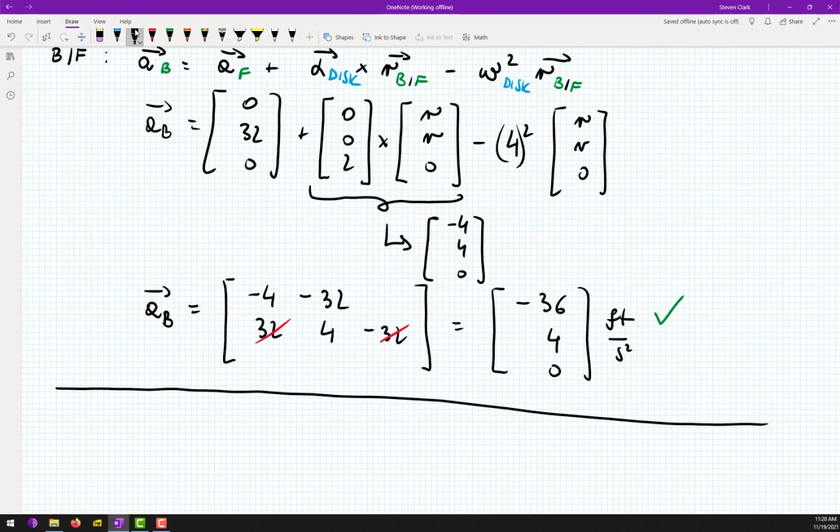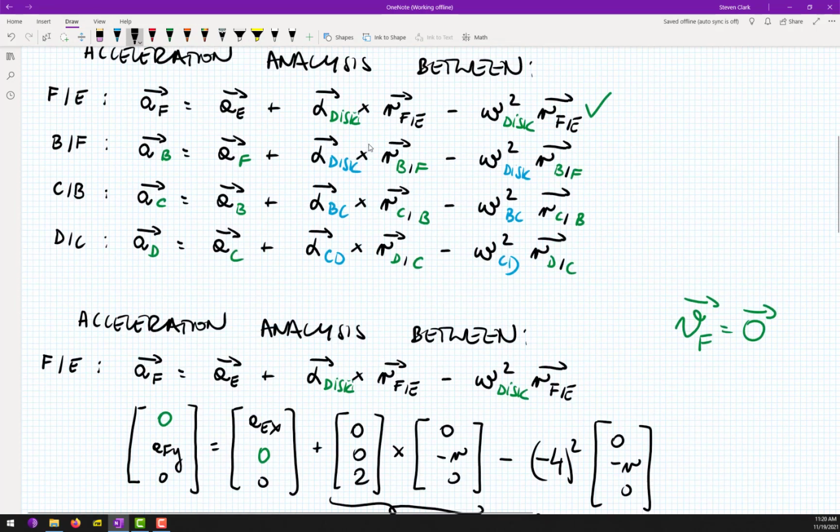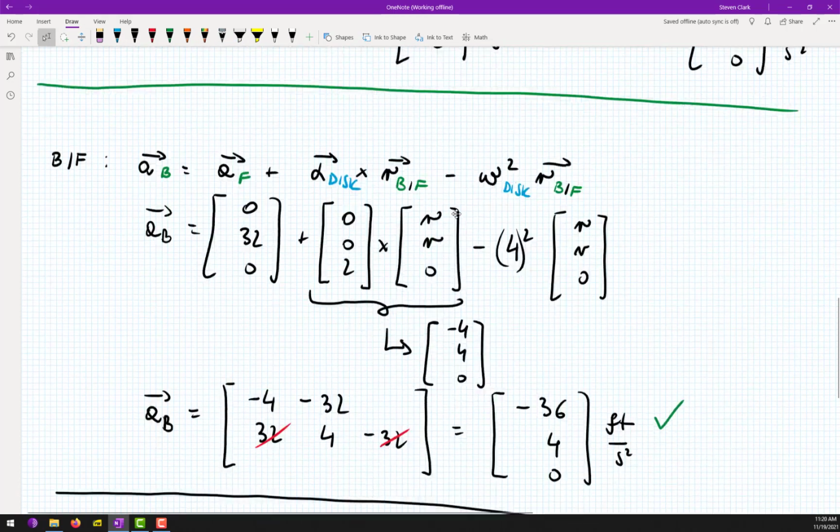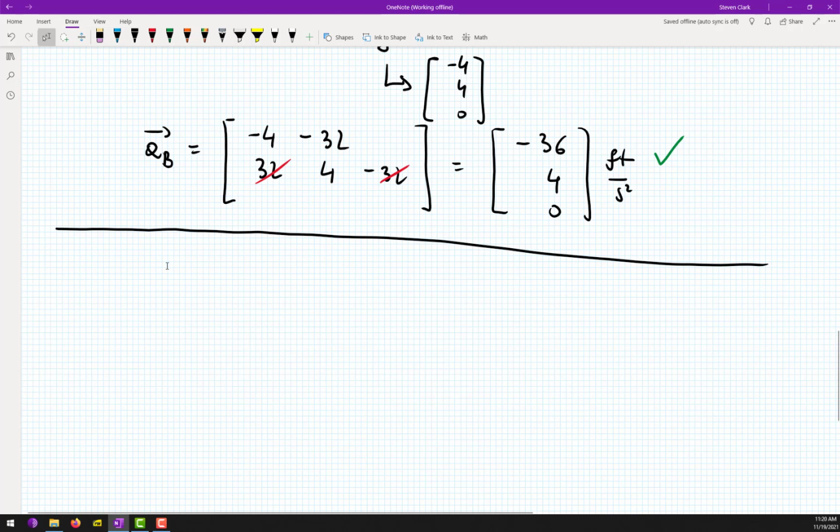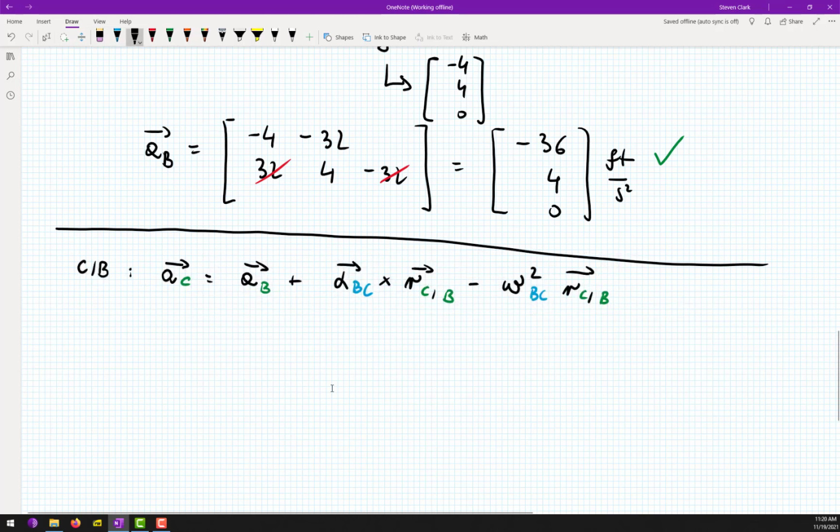Let's do now acceleration analysis between this pair of points, C and B. And we are getting closer to our solution. So now, AC we don't know. AB we just found.